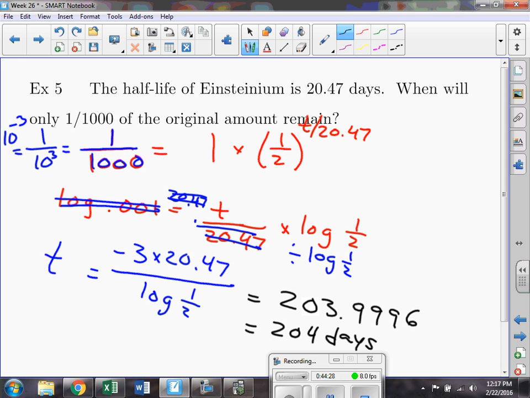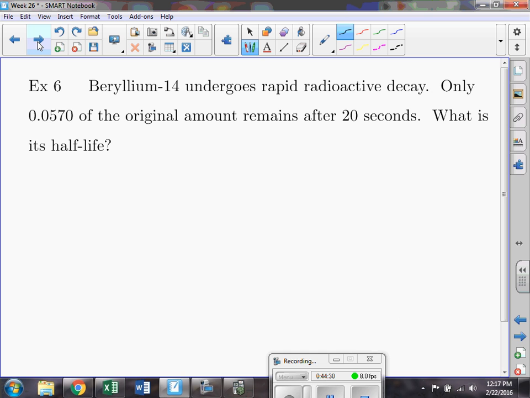And then our last example for this video, beryllium-14 undergoes rapid radioactive decay. Only 0.0570 of the original amount remains after 20 seconds. So what is its half-life?